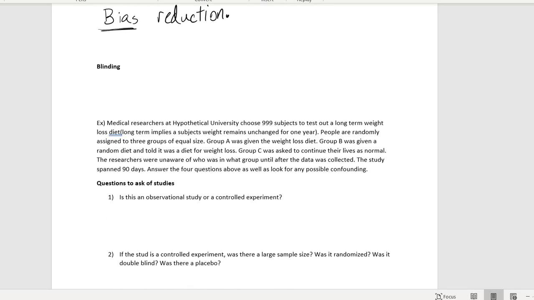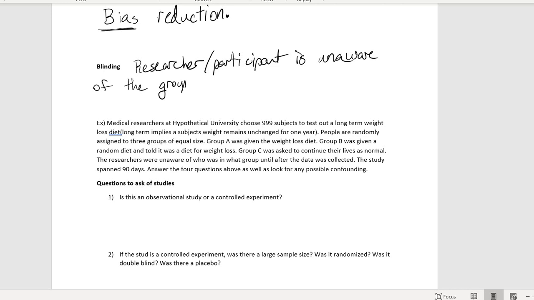Now blinding is where either the researcher or the participant is unaware of the group they belong to.